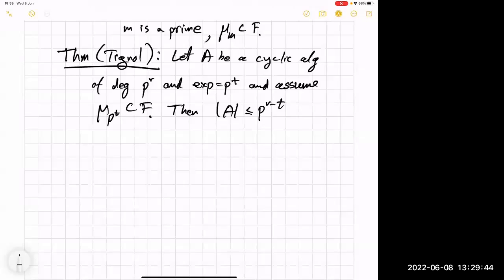So if you add all roots of unity into your base field, say all μ_{p^r}, then the theorem tells you that if A is a cyclic algebra of degree p^r over F, you can write it in the Brauer group as the tensor product of p^(r-t) algebras of degree p^t.